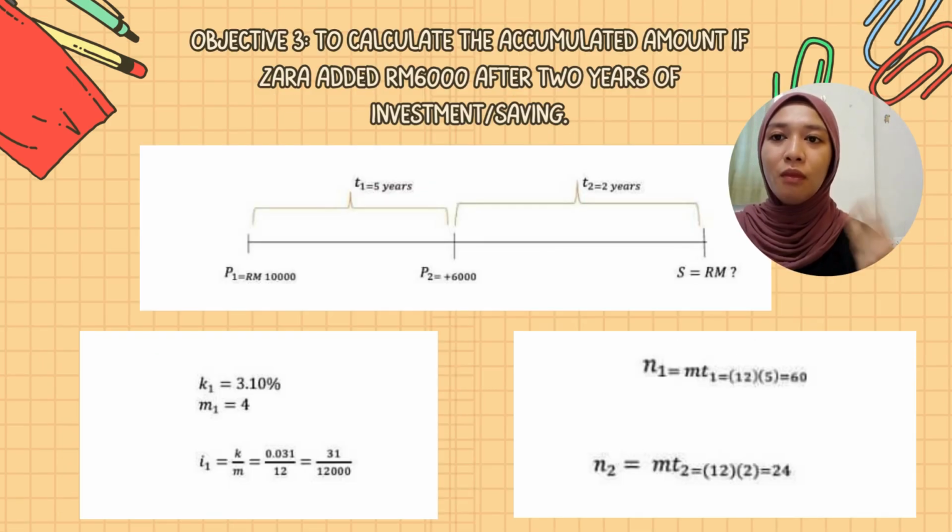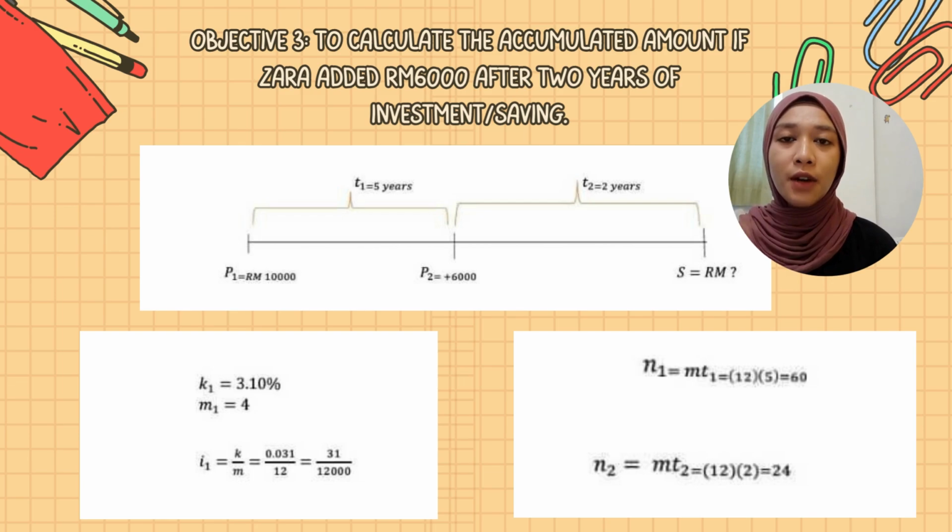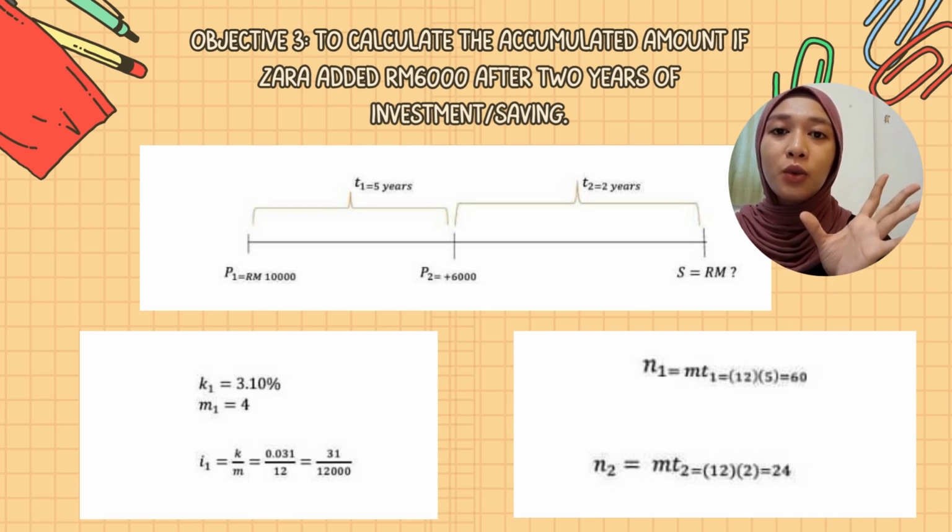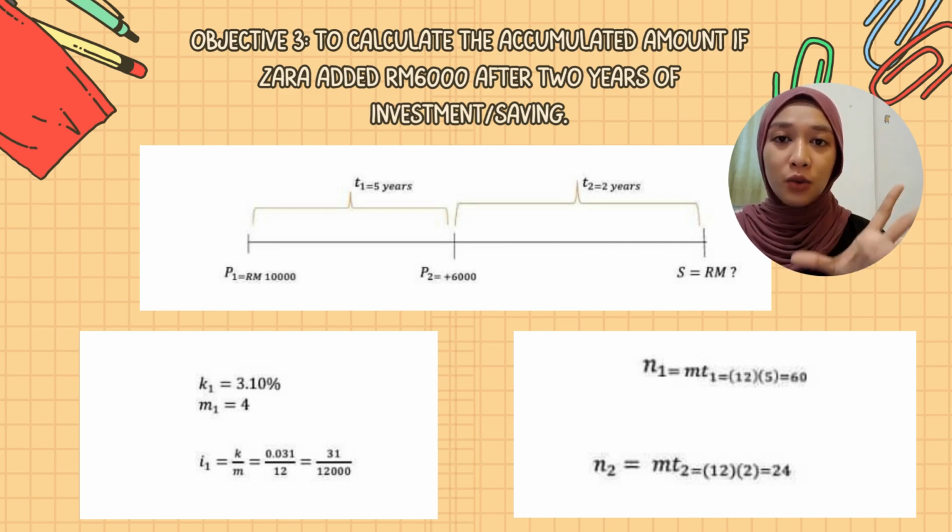Objective 3. To calculate the accumulated amount if Zara adds RM 6,000 after 2 years of investment savings. The first step, we need to draw a timeline. The timeline is P1 equals RM 10,000, P2 equals 6,000.